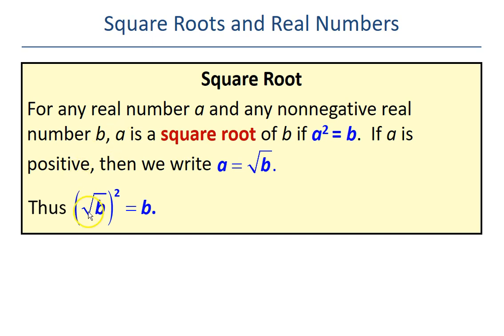Now, another way to indicate this is that if we have the radical sign, the radicand, that's all in the parentheses, and that's raised to the second power, or we are squaring this, it just becomes the radicand. So the square root of b squared is just b.